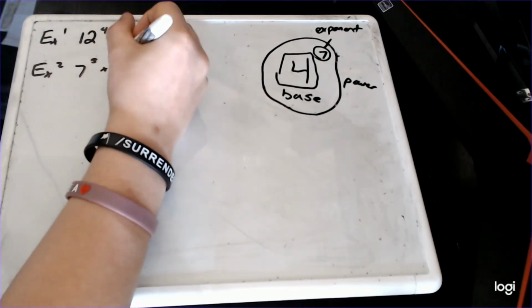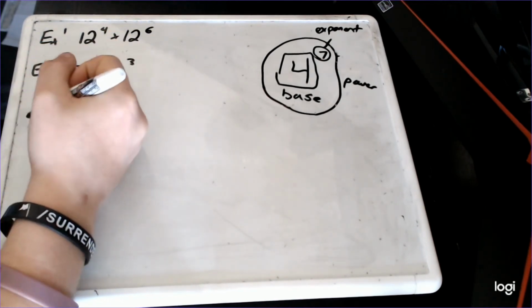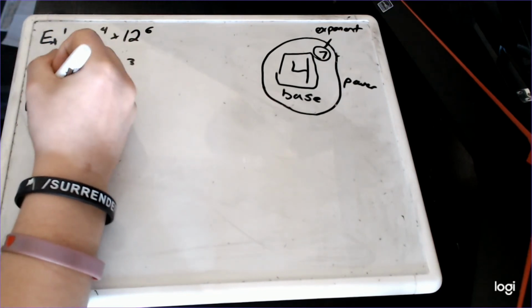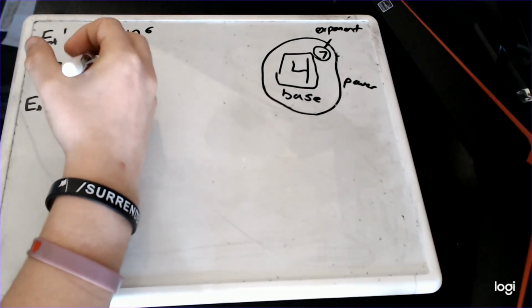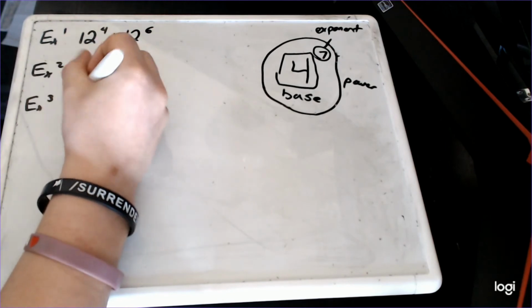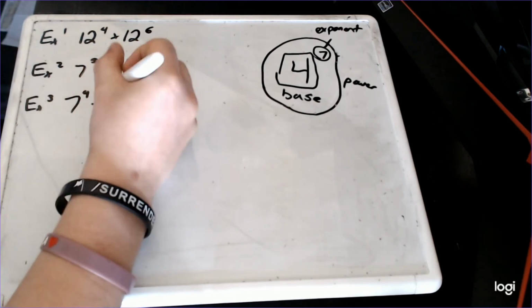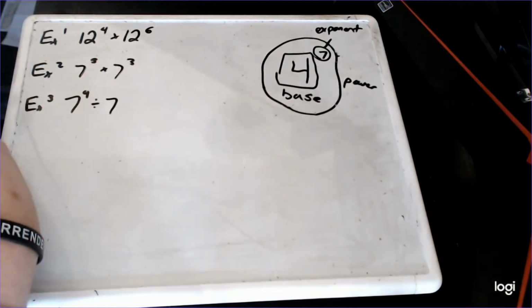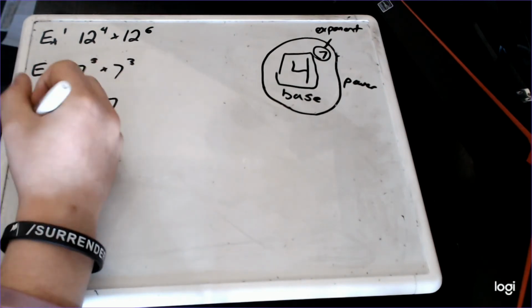Seven to the 3 times 7 to the 3. So we're starting with some multiplication, then we're doing some division. I like the number 7, I guess.